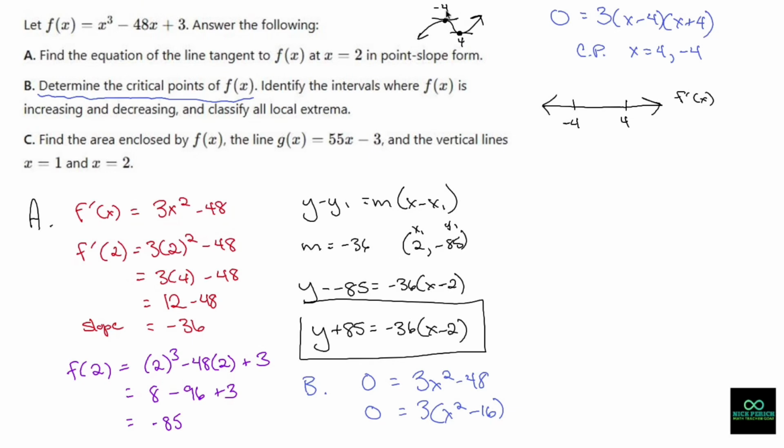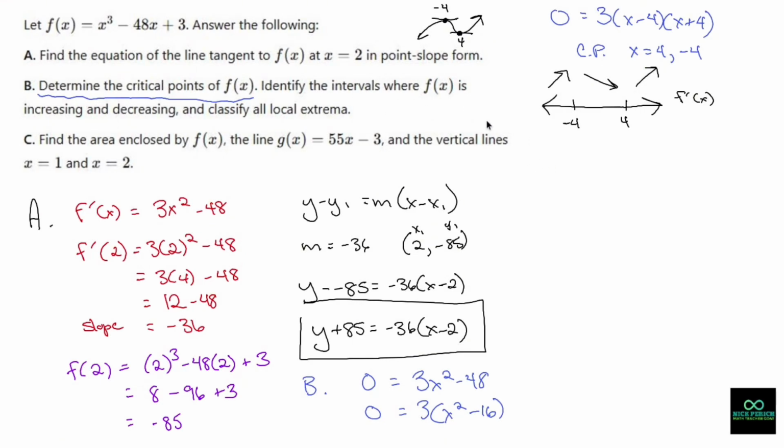Which means anything that is not a critical point is either going to be increasing or decreasing. So here you are increasing, you hit a maximum, then here you are decreasing, you hit a minimum, and here you are increasing forever and ever and ever.